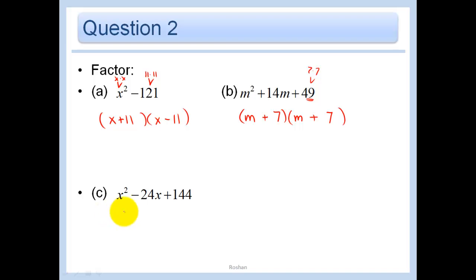And then in this one, 144 is 12 times 12, and 12 and 12 is 24. So since this one is negative, I'm going to do minus and minus. You can also write these as m plus 7, the quantity squared, or x minus 12, the quantity squared. I would accept either answer.